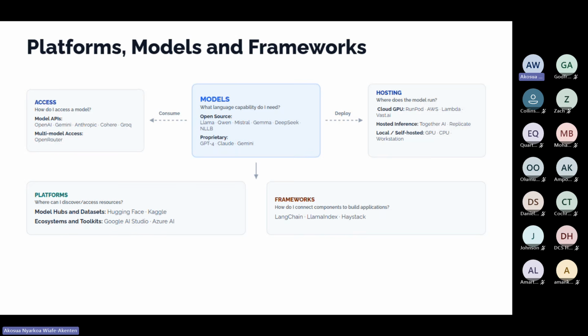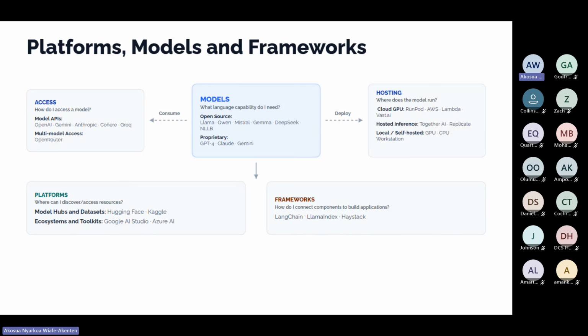In terms of hosting, you can also quantize the model. In the morning session, my colleague mentioned quantization. You want to keep the model weights smaller, especially if you want to run with limited resources. Keep it lightweight, and consider your budget and resources as well.